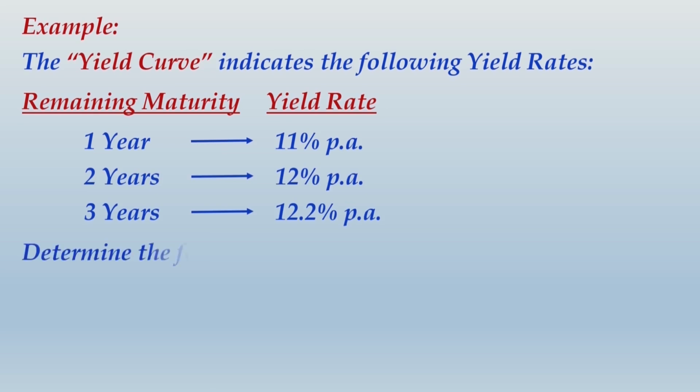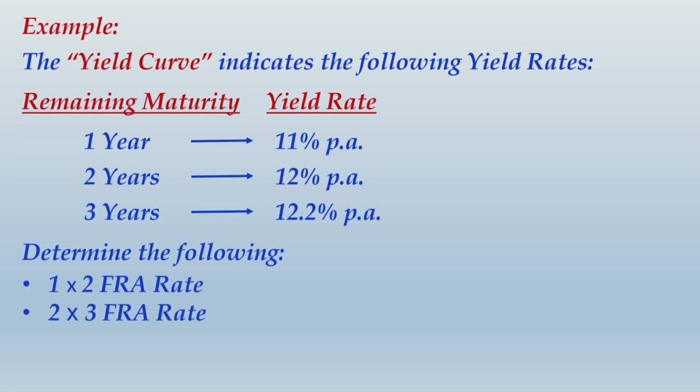Now the example is further asking you, determine the following, that is 1/2 FRA rate, 2/3 FRA rate and 1/3 FRA rate. So friends, how to solve this I will explain you in detail, and we will write down the solution step by step. So let us see how to approach the calculation of FRA rates.